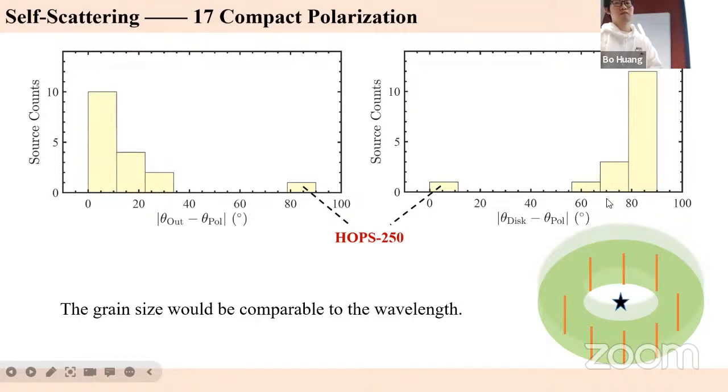And for the right panel, we can see the disk orientation versus polarization orientation is almost perpendicular. Note that this orientation is the major axis, which is consistent with self-scattering. So it indicates that the grain size would be comparable to the wavelength.